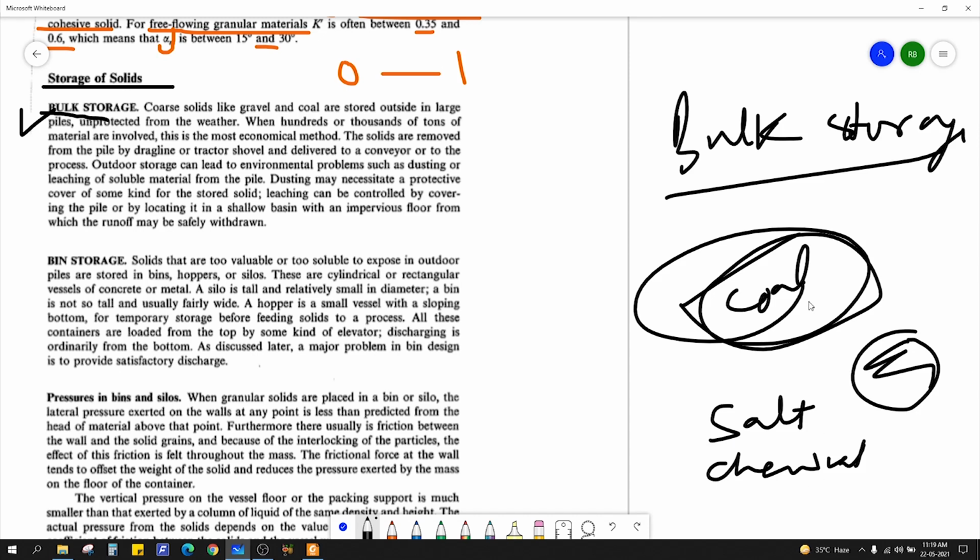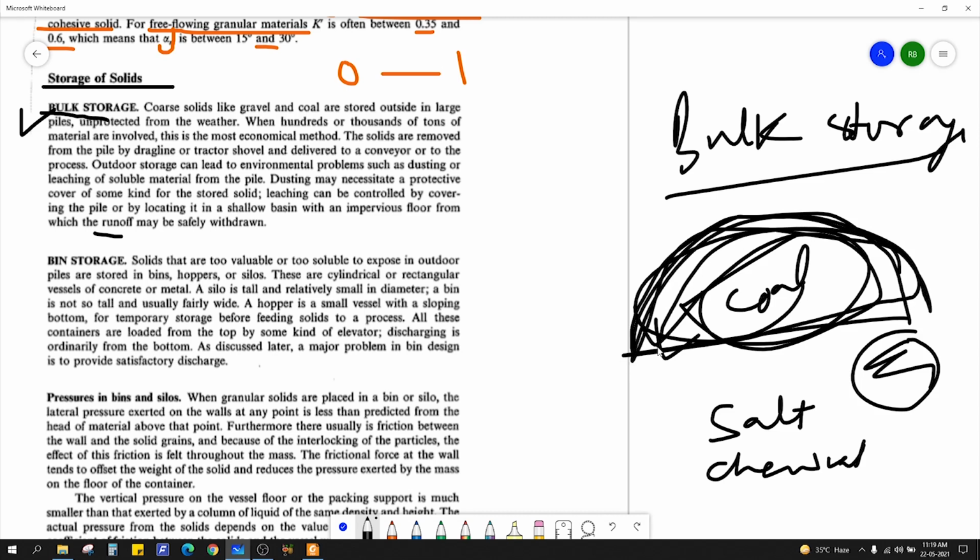There is not much loss or runoff. You only have to cover it with cloth or some plastic. But in case of solid chemicals, you cannot store in the open, so bulk storage is not possible.